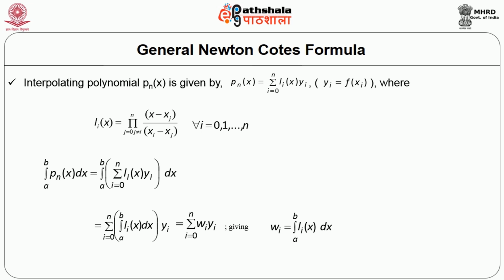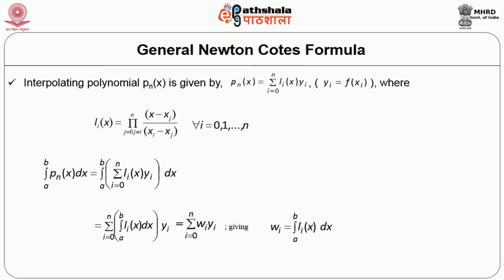Now the yi's are constants and the integral of the sum is the sum of the integrals, and so we can write this as the summation sign outside, sigma i equal to 0 to n yi into the integral from a to b of Li(x) dx. So we now need to derive the integral from a to b of Li(x) dx.